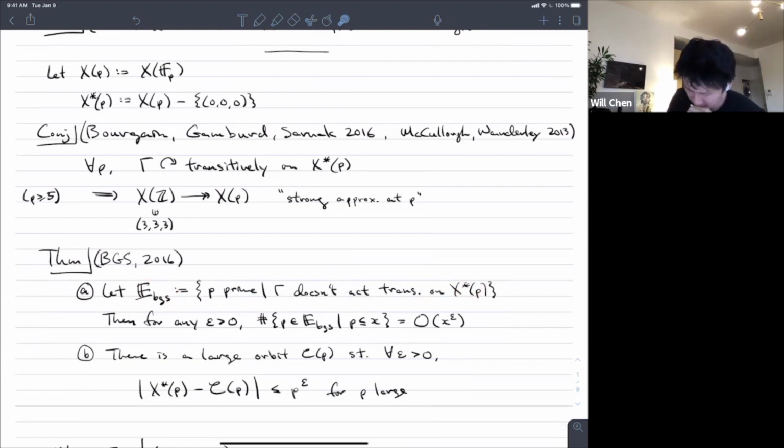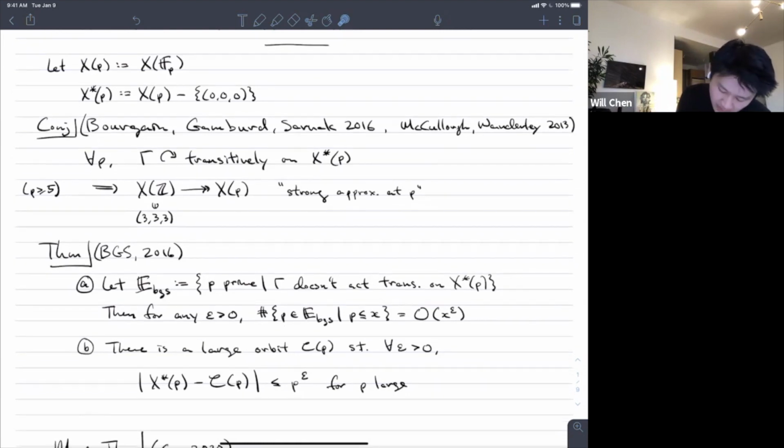Their first result is that for any epsilon greater than 0, this exceptional set is very sparse, but possibly infinite.